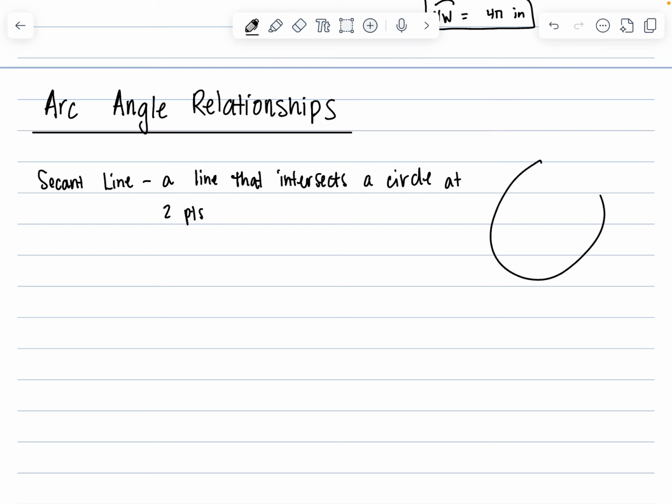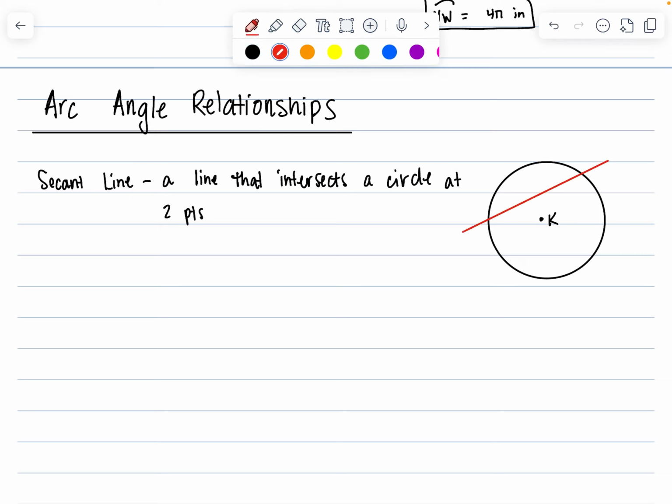So for instance, if I were to draw a circle here, let's call this circle K, and I could draw this particular line. It looks like it could be a chord, and yes, technically, if I call this A and B, AB could be labeled as a chord, but AB could also be labeled as a secant line.